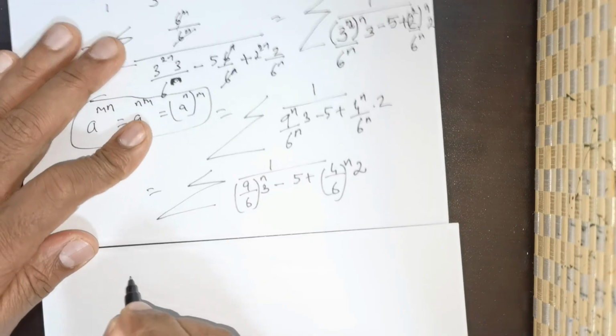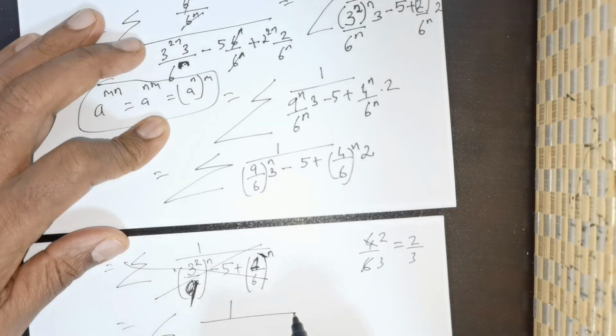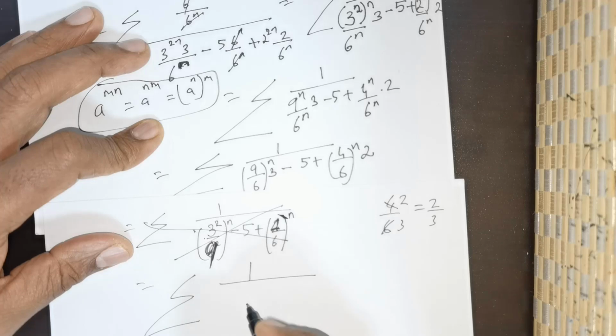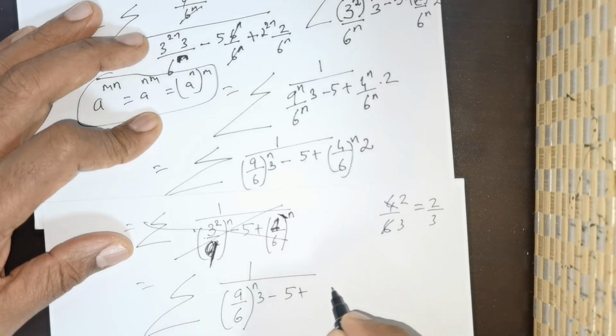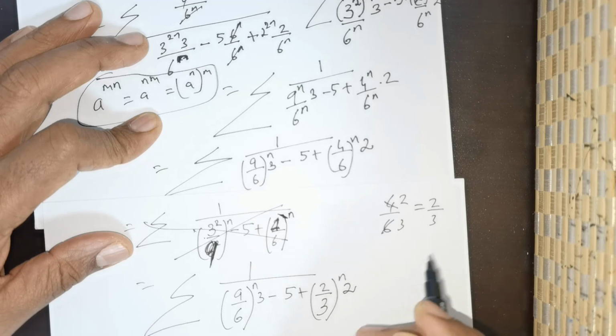Okay, so this is equal to sigma 1 over 9 over 6 the whole raised to the power of n times 3, negative 5, positive 4 over 6. I'm going to rewrite it as 2 over 3 raised to the power of n multiplied with 2. Okay, this is what I've got.